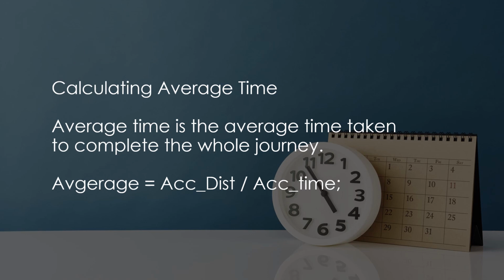But if the destination is not reached yet, and it has to take turns with several environmental factors affecting, each direction time of the different journeys should add up in order to give the accumulated time and distance, and we will divide the accumulated distance by accumulated time in order to get the average time taken in minutes to complete the whole journey.